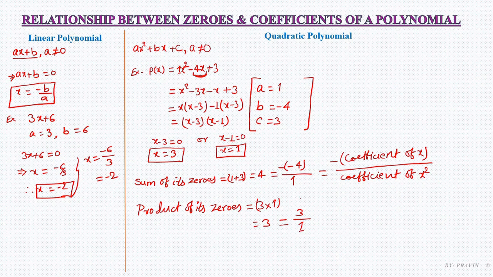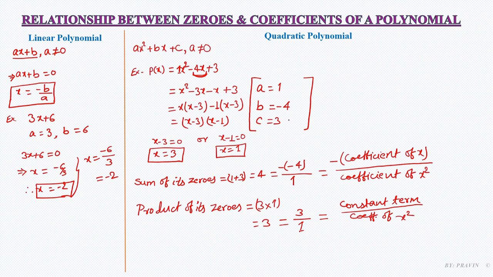This is written in terms of coefficients, and in words you can write it as the constant term divided by the coefficient of x square.